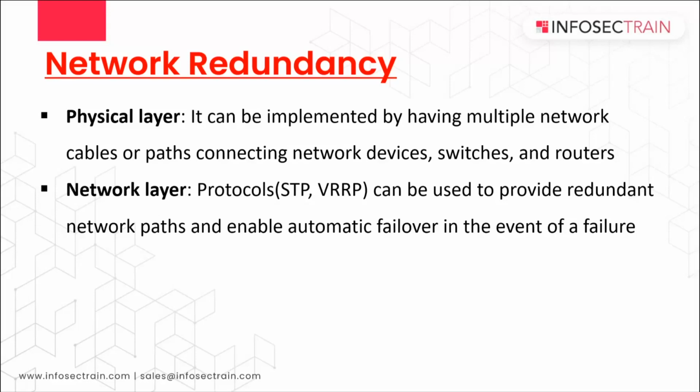Here STP prevents network loops by disabling redundant network paths, while VRRP, the second protocol, provides automatic failover of routers in case of a primary router failure.